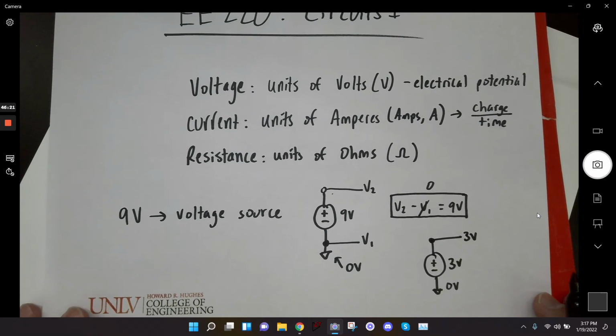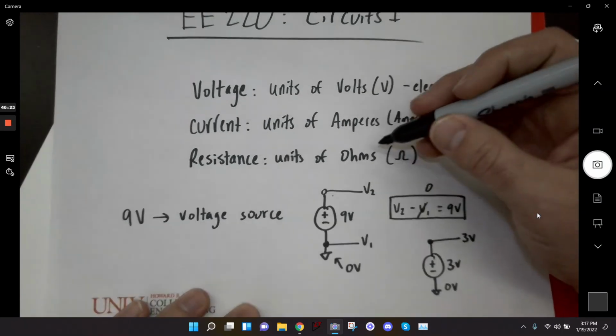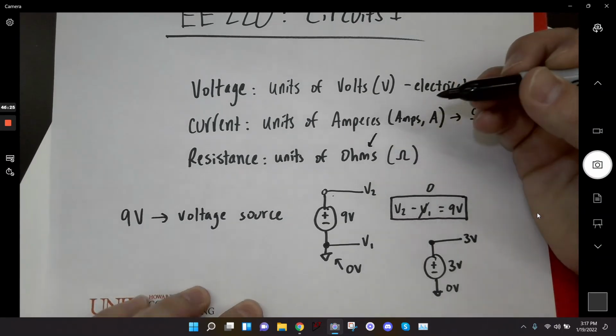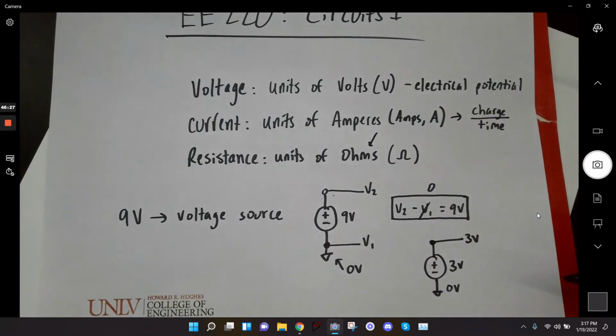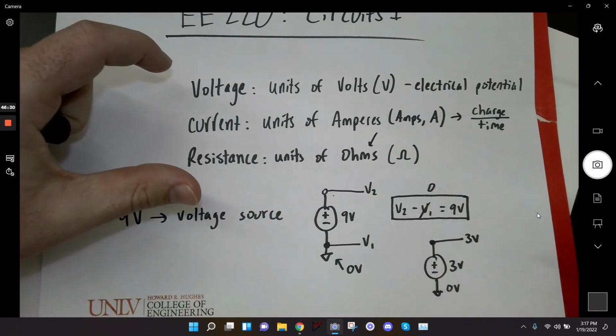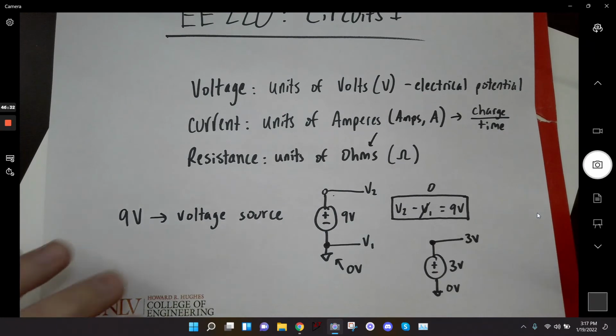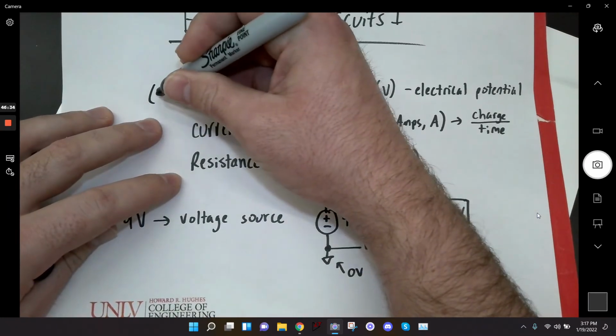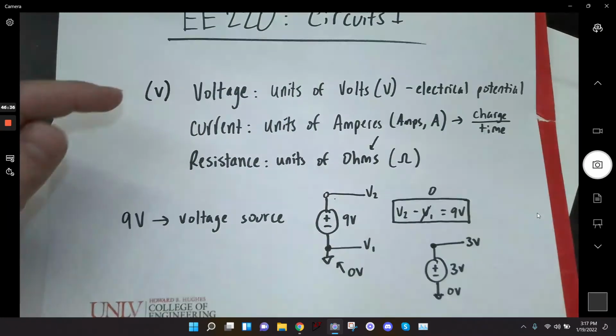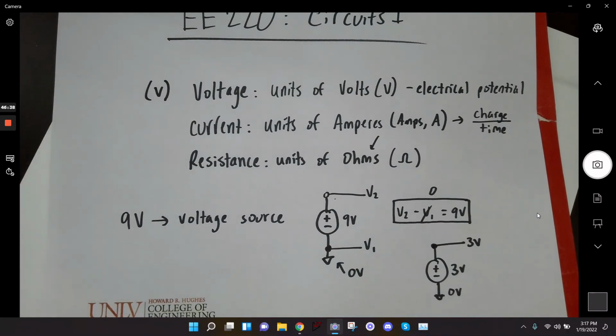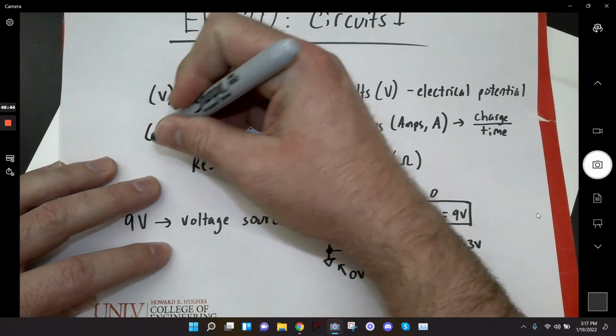Now I want to talk a little bit about Ohm's law. So I said resistance was in units of ohms, right? Ohm's law is giving us the relationship of these 3 things. So voltage is V. These are variables, okay? So when I'm trying to find the voltage, I use V. When I'm trying to find the current, I use I. I'm not sure why that is. Someone may know.